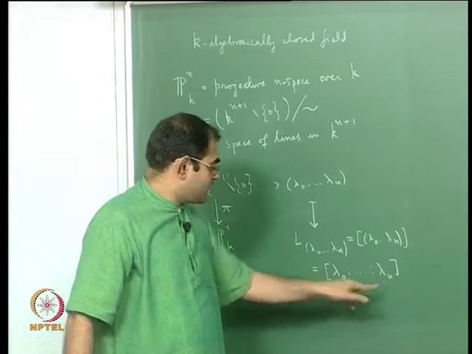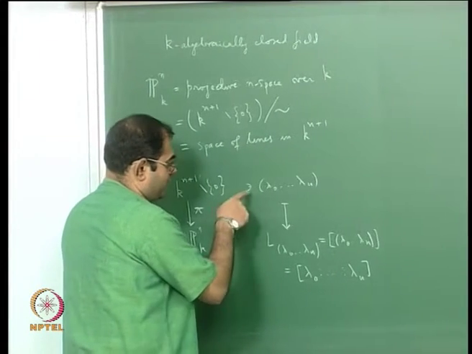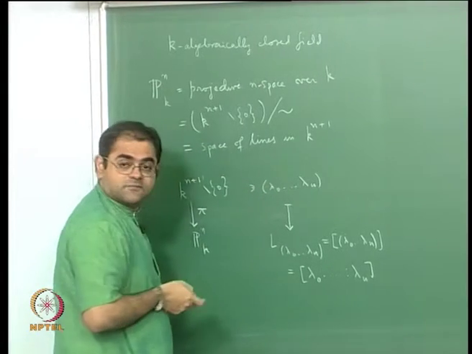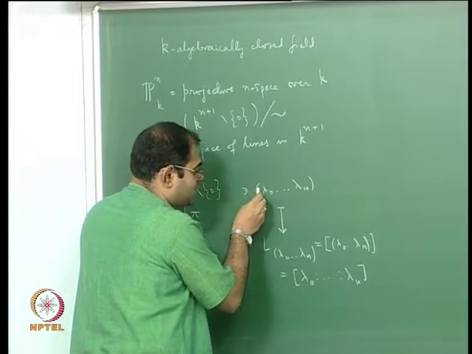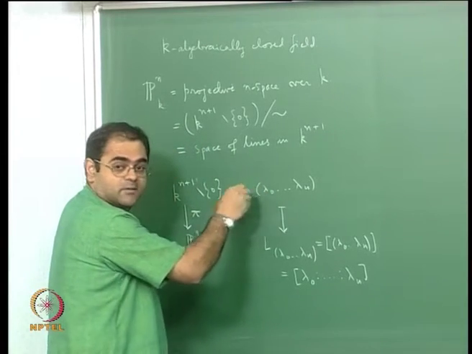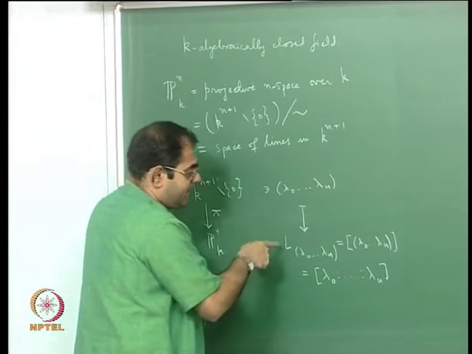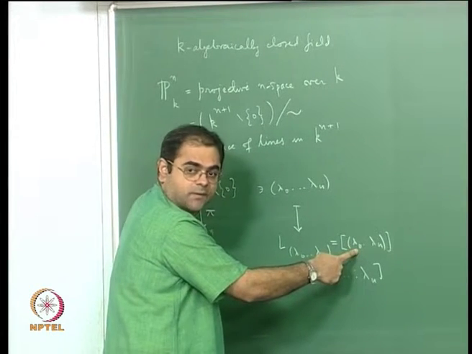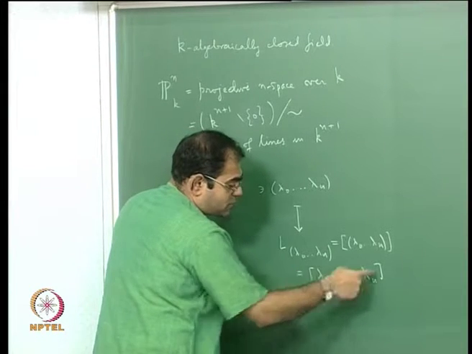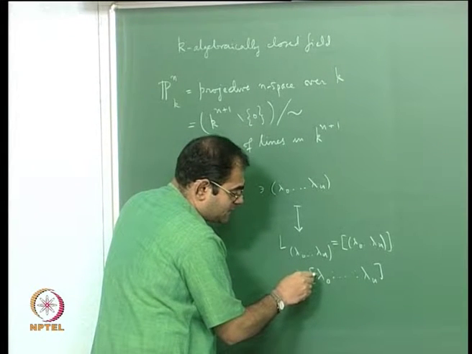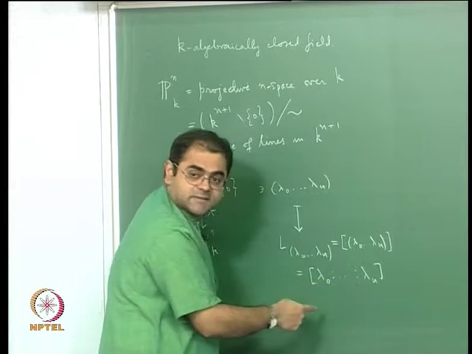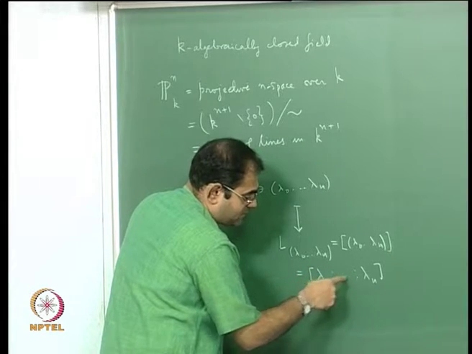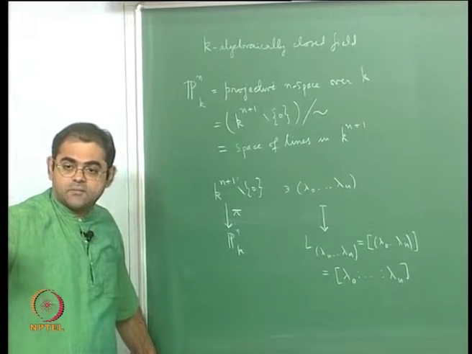Okay, so in other words, if I multiply this by any non-zero element of K, which means I multiply each entry by the same non-zero element of K, then the line will not change, and the equivalence class will not change, and this also will not change, namely there will be the same scalar multiplied through each of these entries, and the rule is that whenever you have this colon, you can cancel off a common factor.